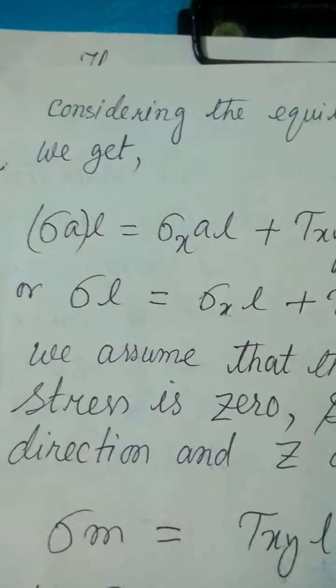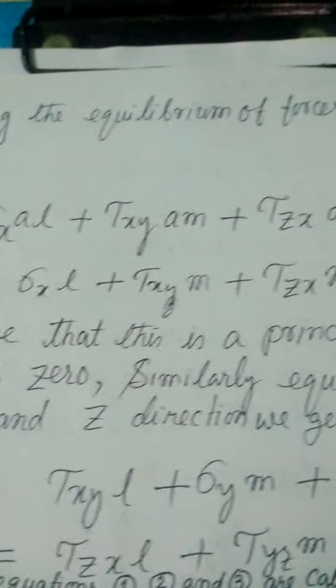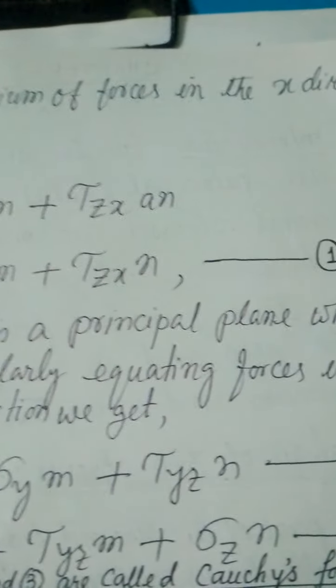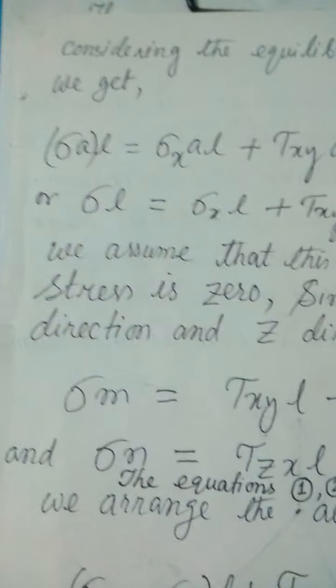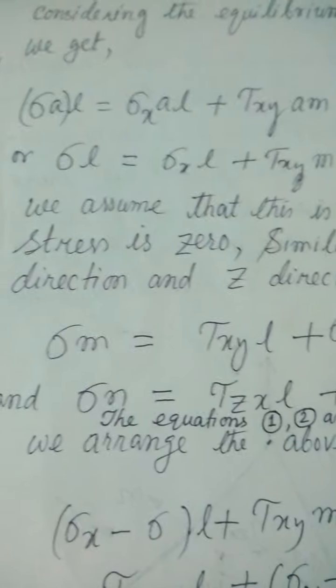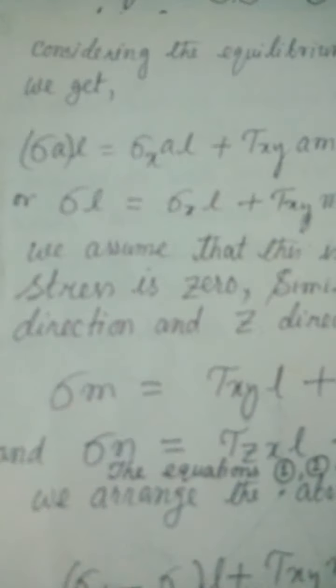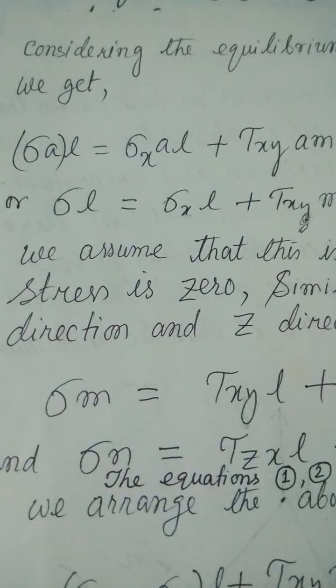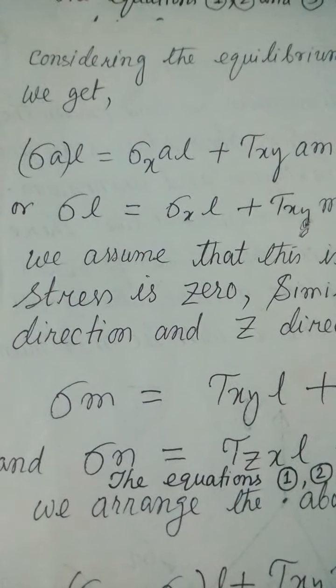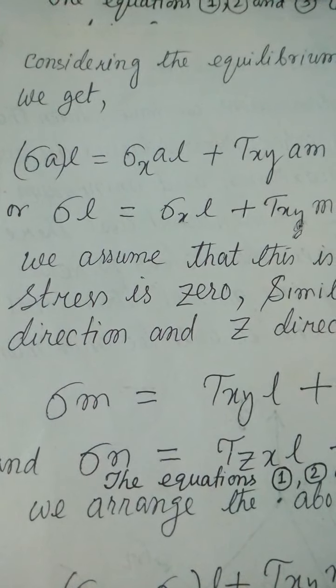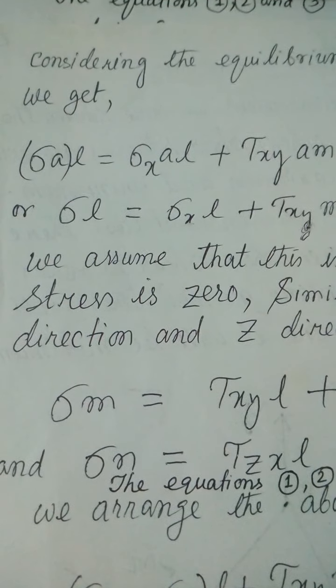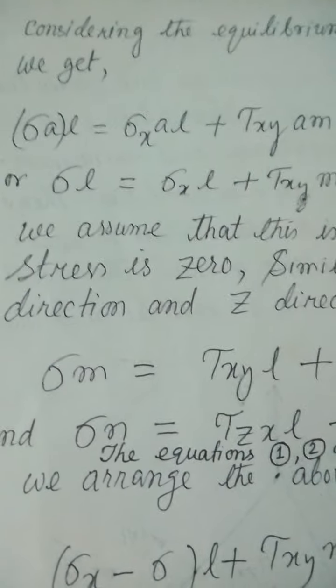Considering the equilibrium of forces in the x direction, we get, so we don't have to explain more about this. Actually, sigma A is the stress force in the perpendicular direction of the face ABC, and multiplied by L it will be in the x direction.